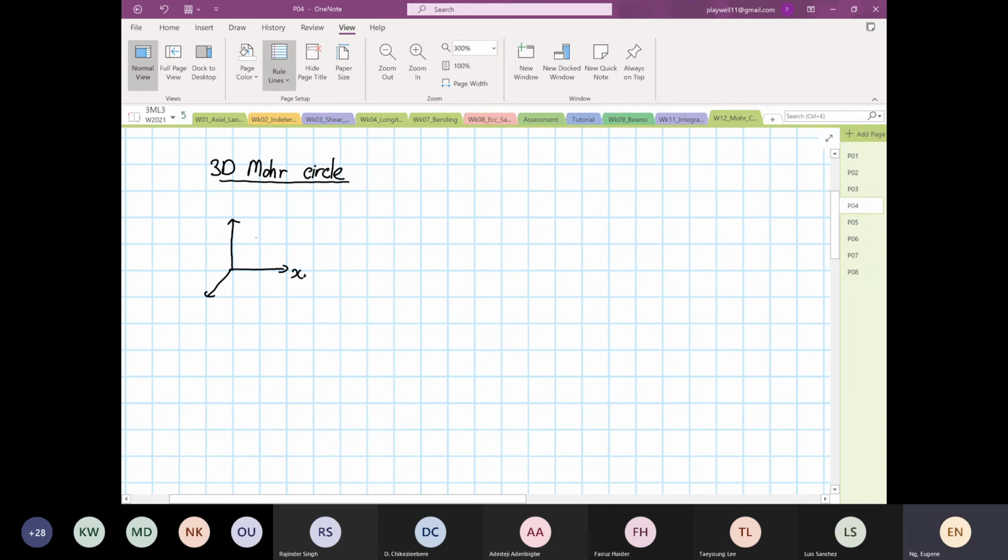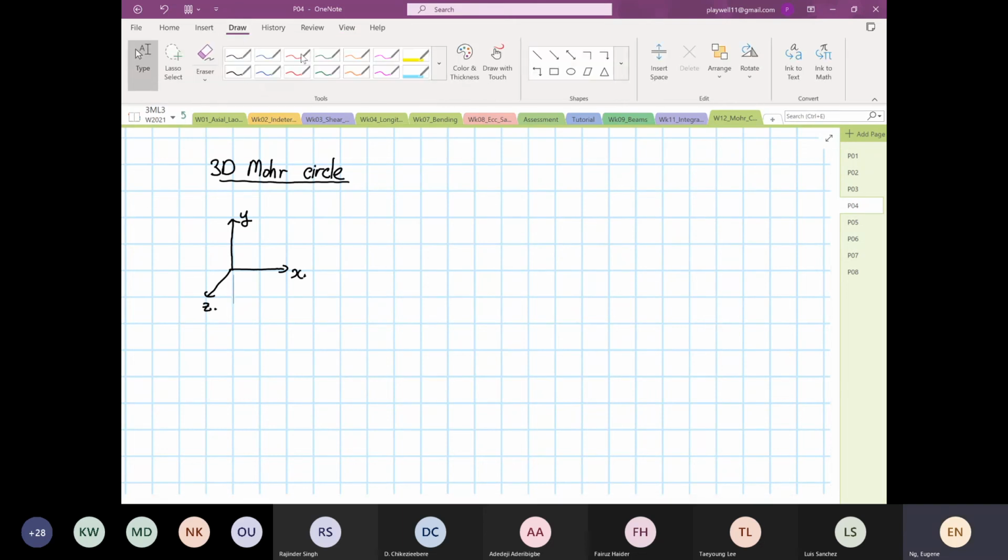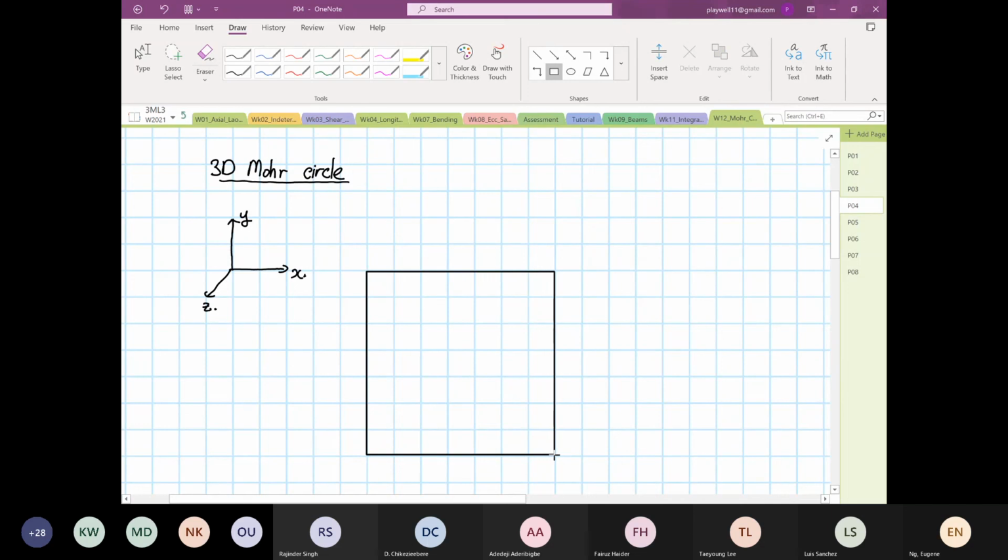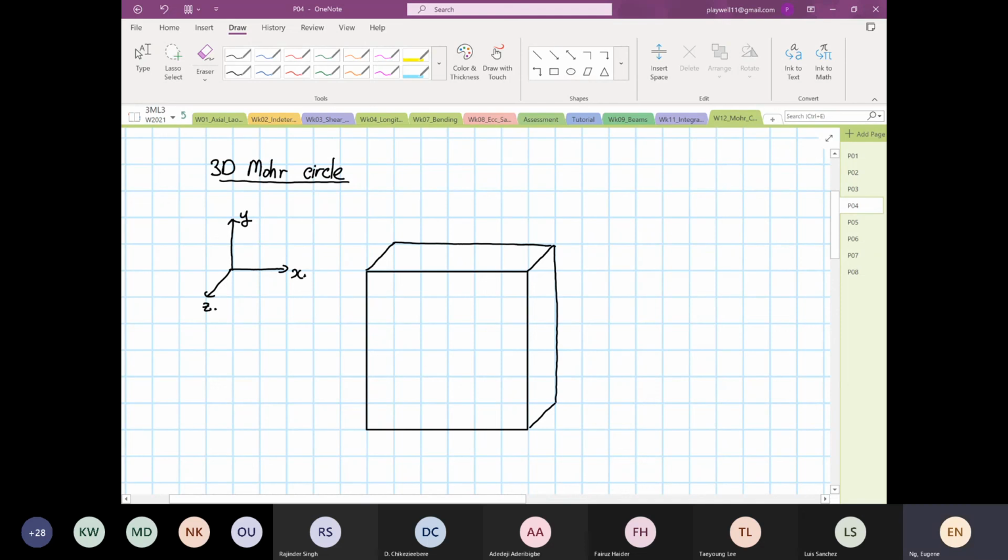So this is my X, Y, and Z. I'm going to draw 3D. Now it's a cube, not a cube, but a 3D feature. So now this is my depth. Now our stress state goes like this.